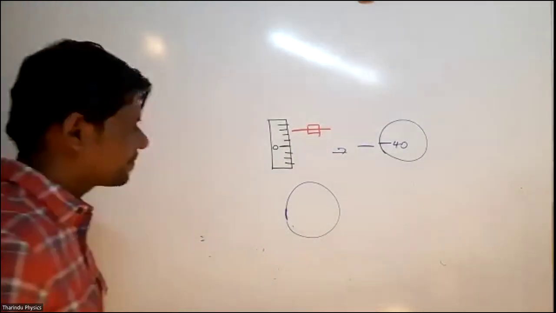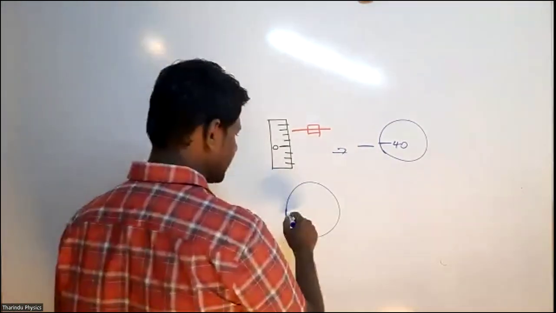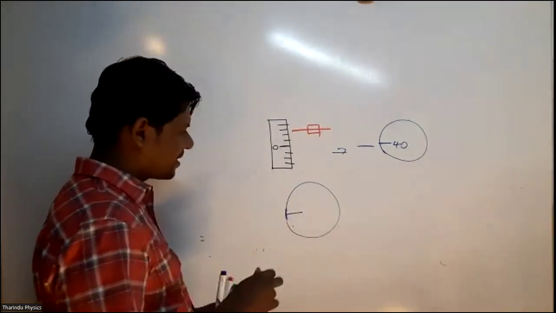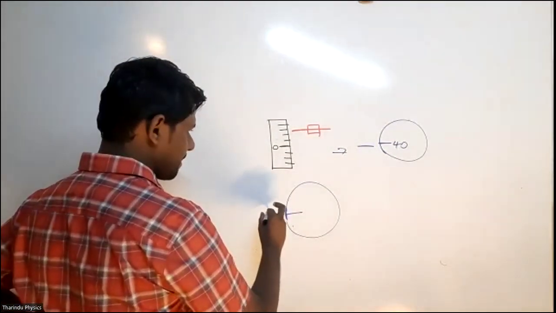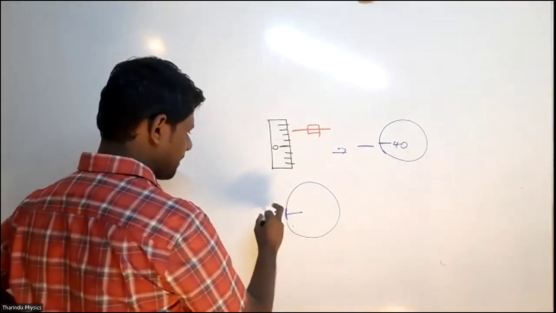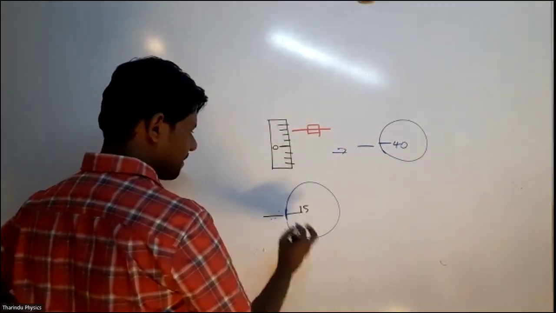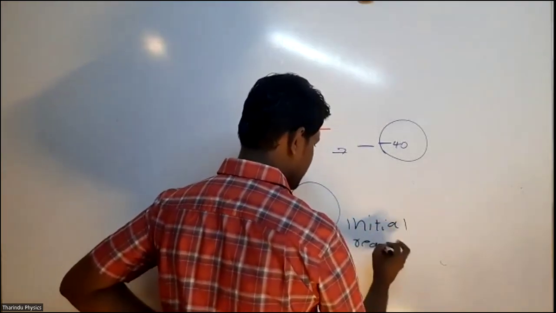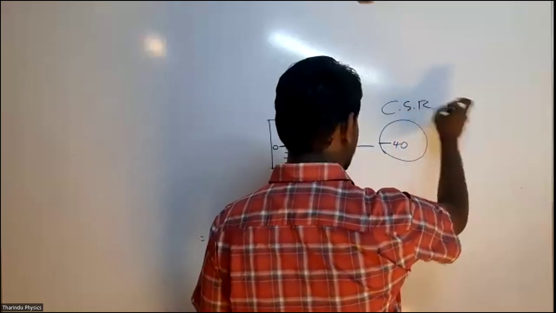It has an initial reading as following. Initial reading. This is the circular scale reading.